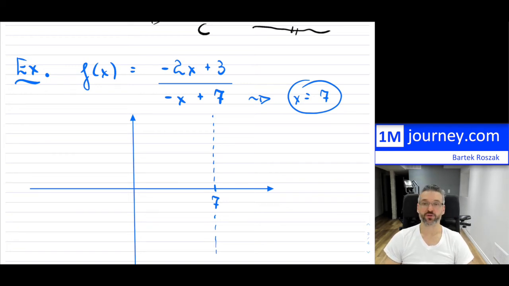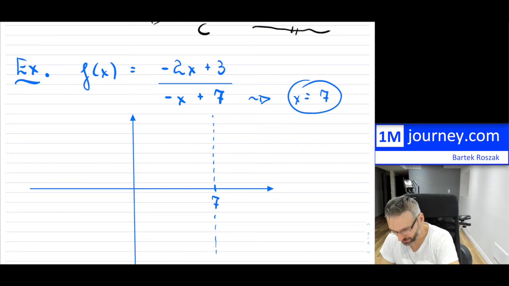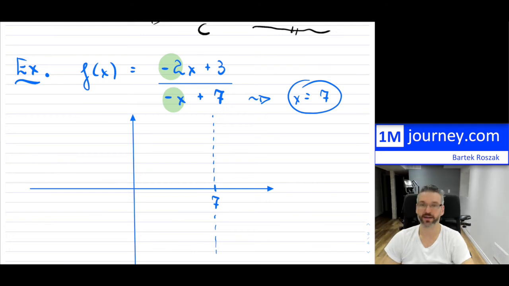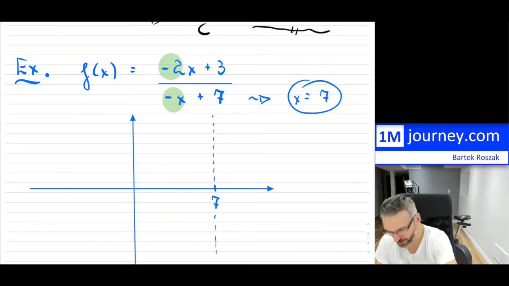Now, do I have a horizontal asymptote? I do, indeed. So if x gets really, really large, notice what we're going to get from here. Actually, let me highlight this. That's going to be those leading coefficients, so -2 over -1, which is just 2.